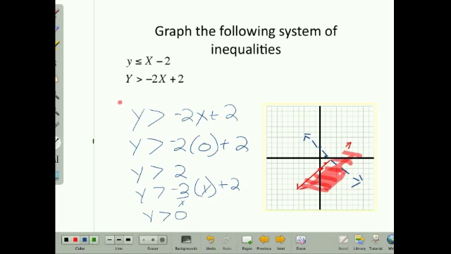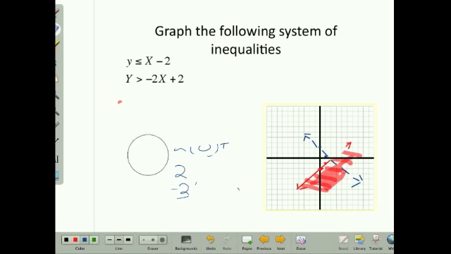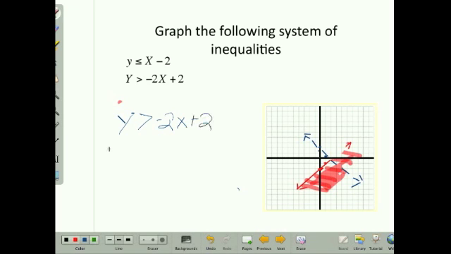So now we're going to see which side we need to shade. Again, I want to pick a point that doesn't fall on this blue line. And I'm going to pick 0, 0 again. I'm going to substitute my y's and my x's for zeros and see if it's a true solution or a false solution.